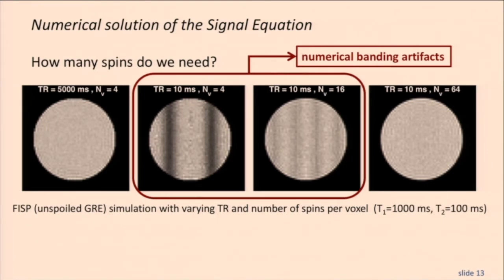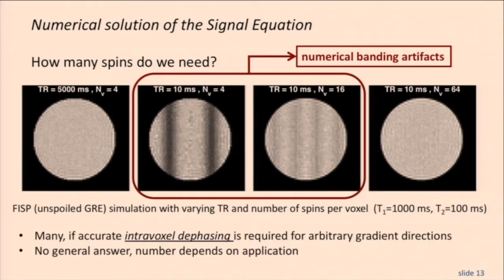This is a two-dimensional simulation, but if you want to simulate a full 3D object, of course, many more spins will be required. So if we have to take into account many spins in a single imaging voxel, then simulations can get very lengthy. How many are needed, as you have seen in this example, cannot be answered in general, but depends on the problem.